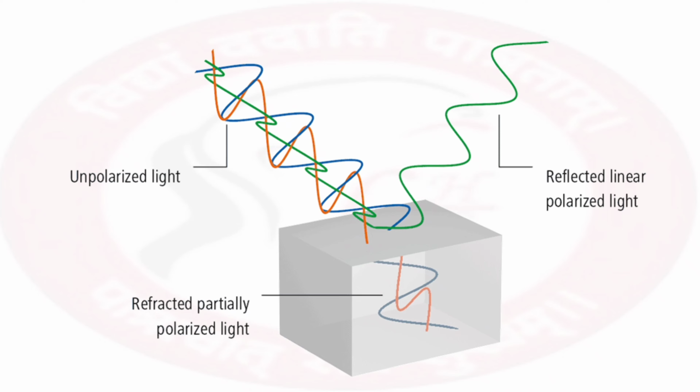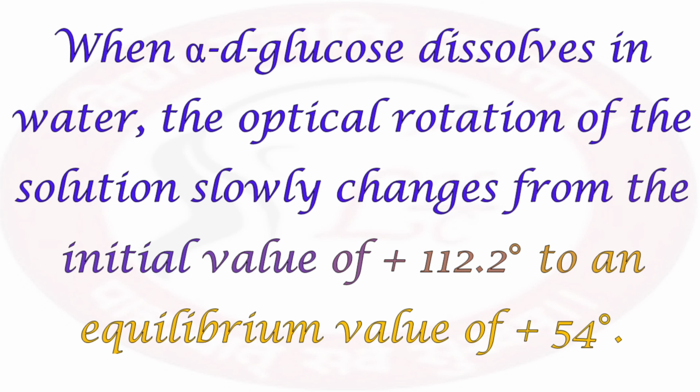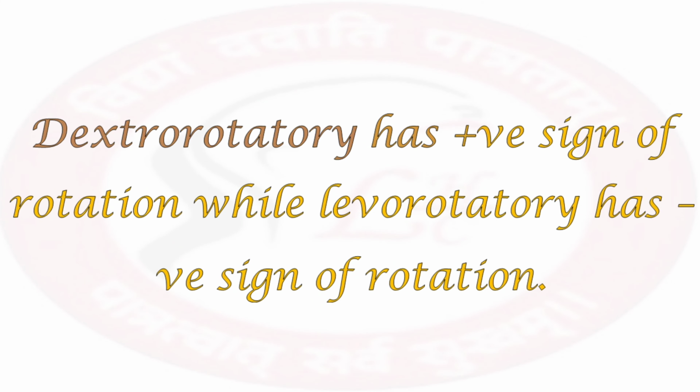For example, like we have discussed about D and L glucose. So D and L glucose both will be having same angle of rotation with opposite signs. Dextrorotatory will have a positive sign of rotation and levorotatory has a negative sign of rotation.